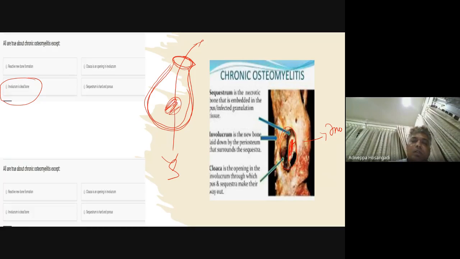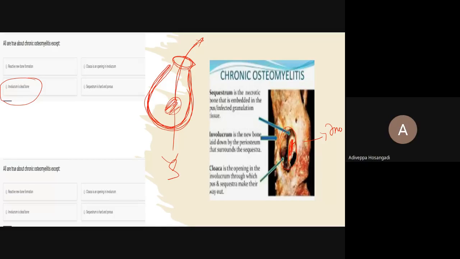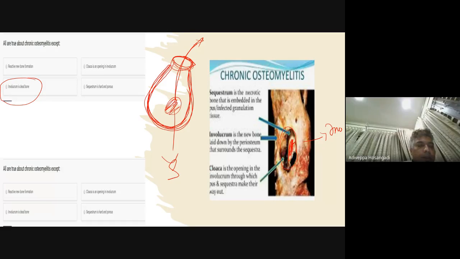Just remember this analogy, it is very helpful. The sequestrum is like glitter inside the balloon, the involucrum is the wall of the balloon, which is live reactive bone, and there has to be a way out for extrusion. This opening is called the cloaca.